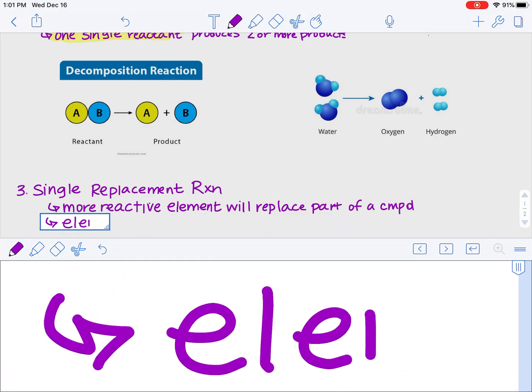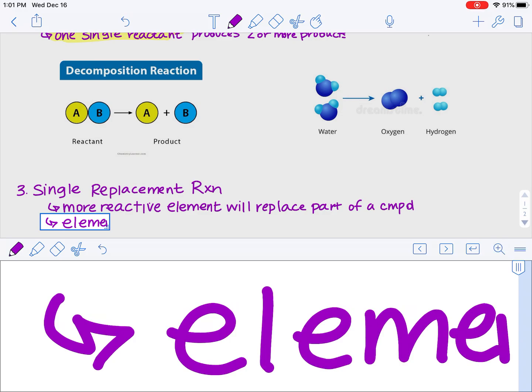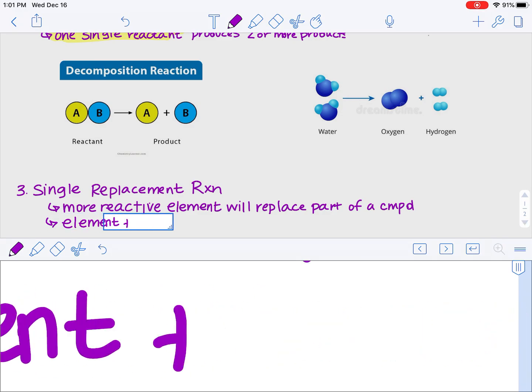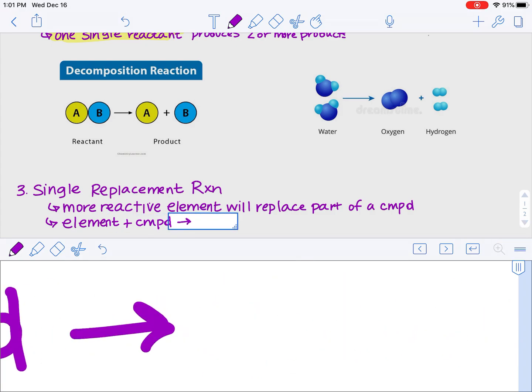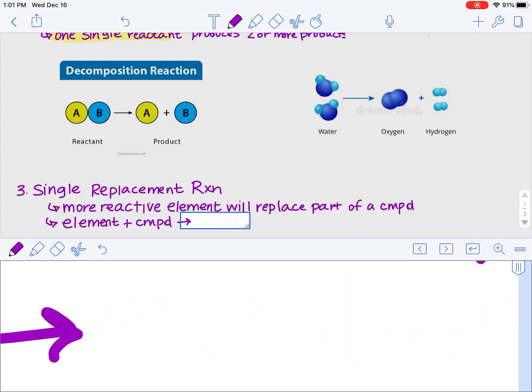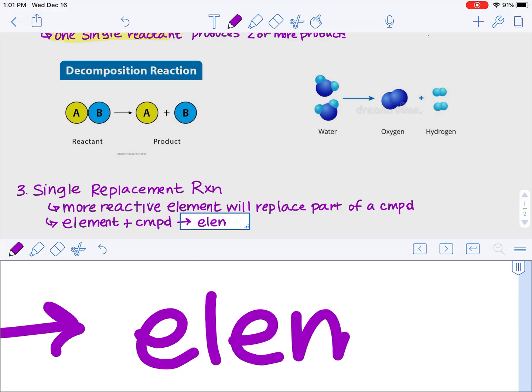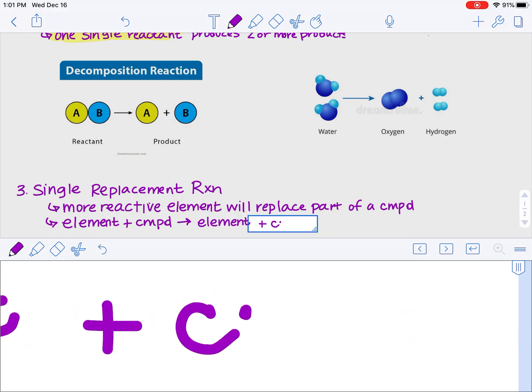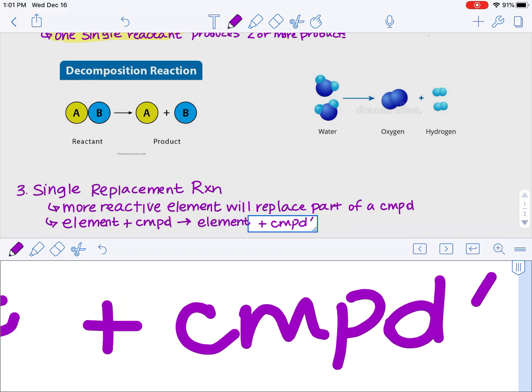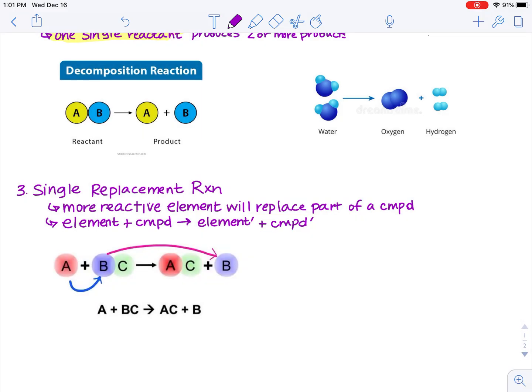The general format for this, then, would see an element and a compound as our reactants. And when the replacement occurs, we'll have an element and a compound on the product side. However, they'll be different, so I'm going to add a little prime sign to show that the element and compound on the product side are different from the elements and compounds on the reactant side.